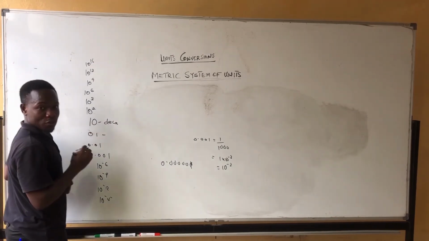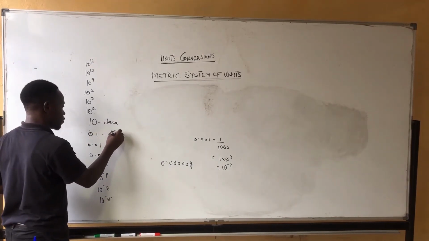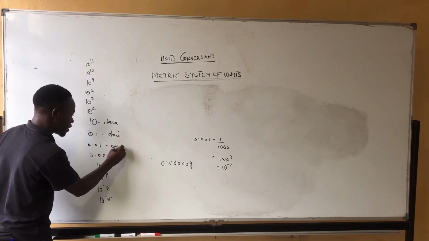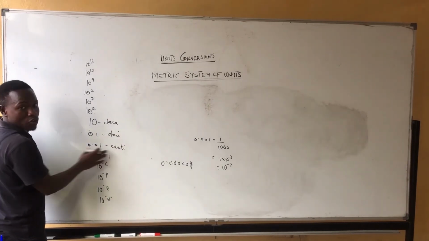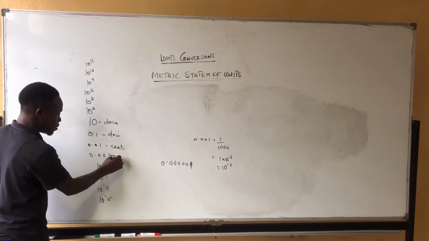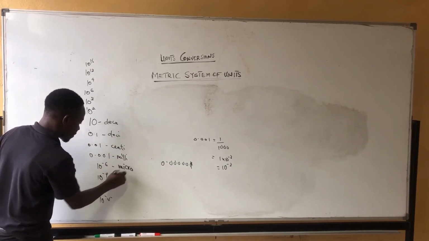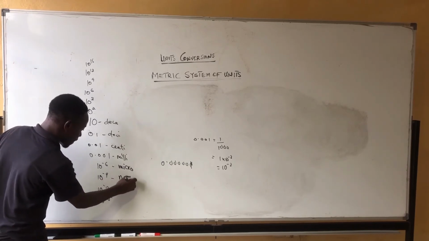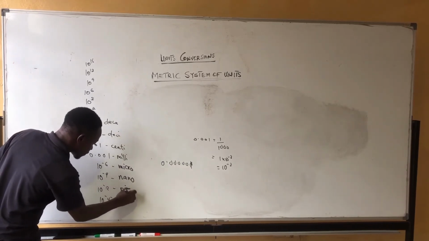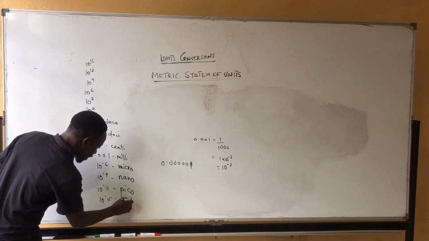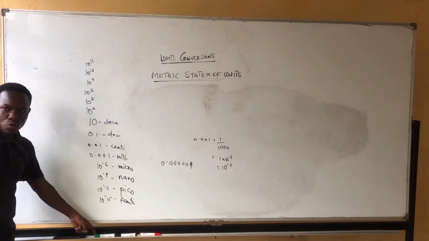This represents deci. This is centi. This is milli. This is micro. This is nano, pico, femto, and so forth. It doesn't end here.